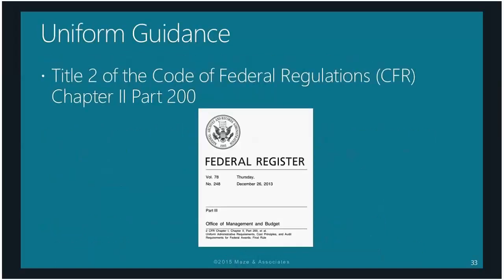So again, here is a snapshot of the uniform guidance. It's Title 2 of the Code of Federal Regulations, or CFR, Chapter 2, Part 200. This document is 103 pages, but although it's a verbose document, you can easily find answers to your questions within one document. It's broken up.